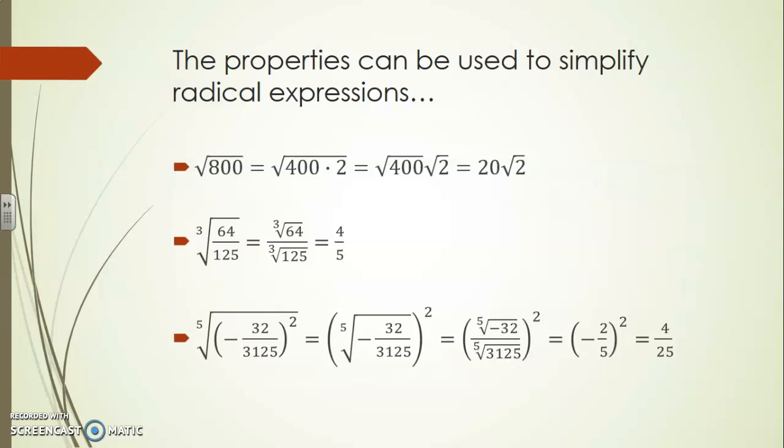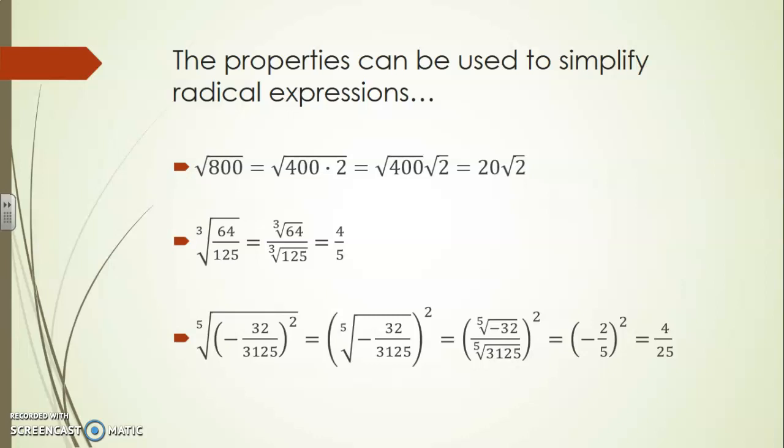Rather than squaring minus 32 over 3125 and then proceeding with the fifth root, I'm going to find the fifth root of the fraction and then square. So rather than making the numbers larger by squaring them, I'm going to start by making them more manageable before squaring them. Now, the fifth root of the fraction can be applied to the individual terms of the fraction.